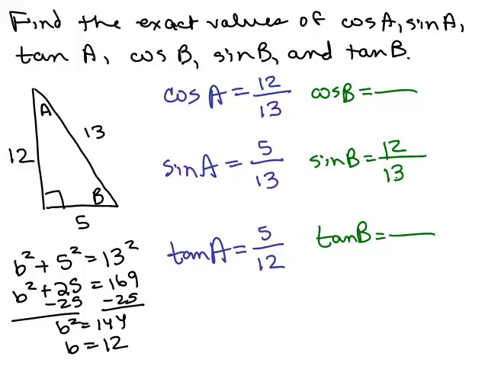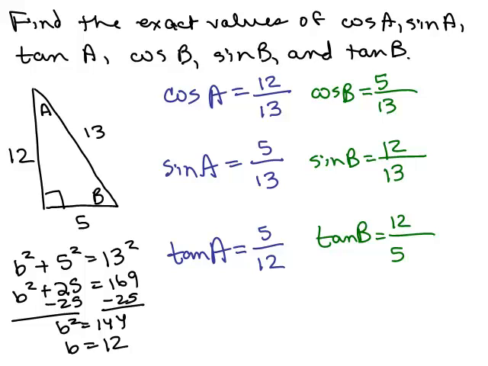And SOHCAHTOA, the cosine for B is the side adjacent over the hypotenuse. So the 5 is the adjacent side, over 13, which is the hypotenuse. And the tangent for B is the opposite over adjacent. So I look opposite, that's 12, over adjacent, which is 5. So there we have it.